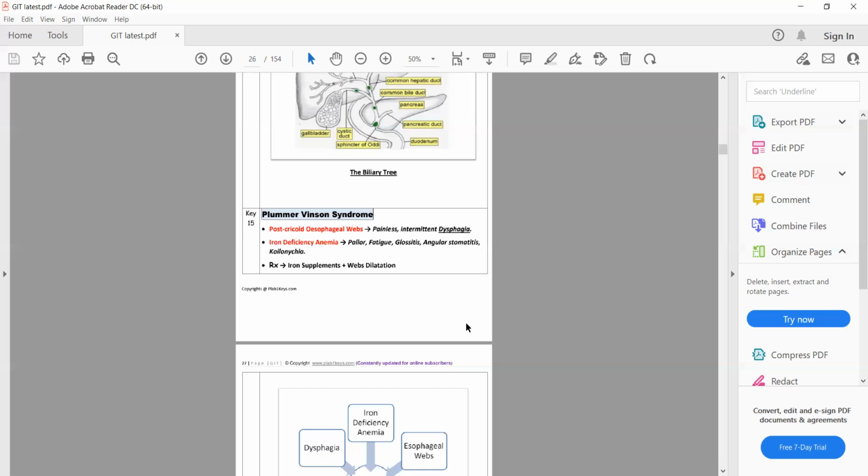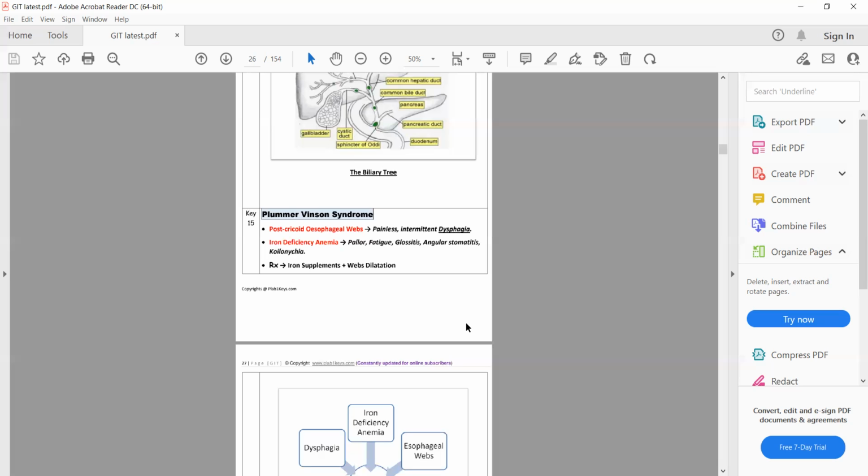Now there's a fourth one, which is called Plummer-Vinson syndrome or Patterson-Kelly syndrome. If someone presents to you with a triad of dysphagia, iron deficiency anemia, plus esophageal web, then your diagnosis will be Plummer-Vinson syndrome.